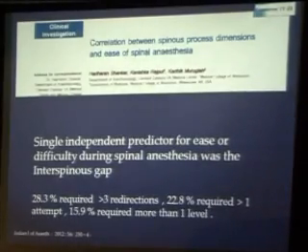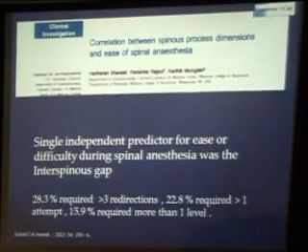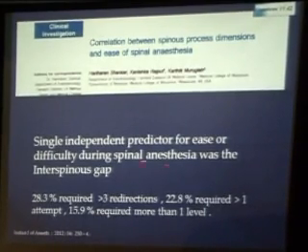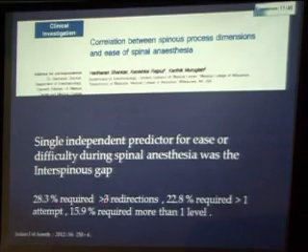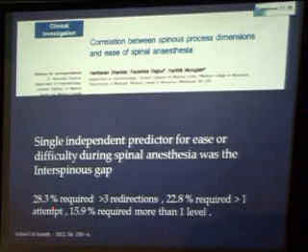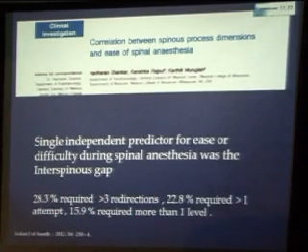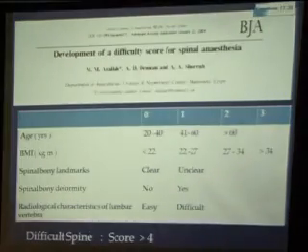Now in this study they found the interspinous space is very important. If the interspinous space is less than 6 millimeters, 28.3% required more than 3 redirections, 28.8% required more than 1 attempt, and 15.9% required more than 1 level of attempt.